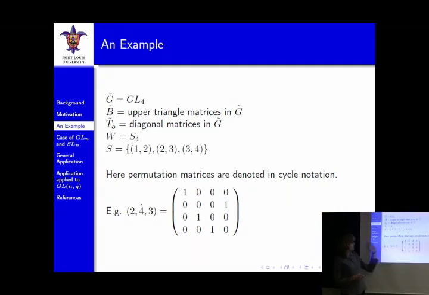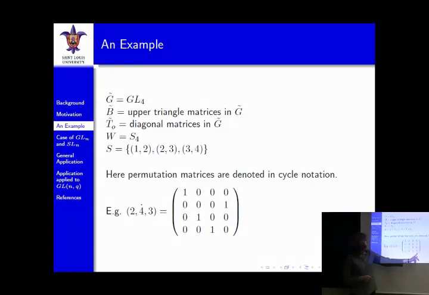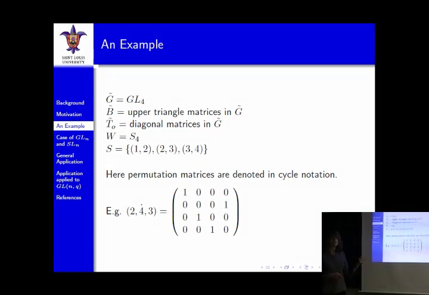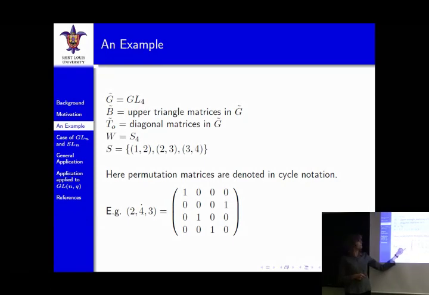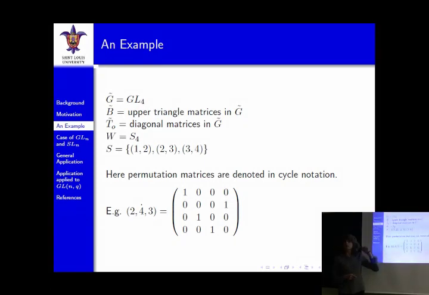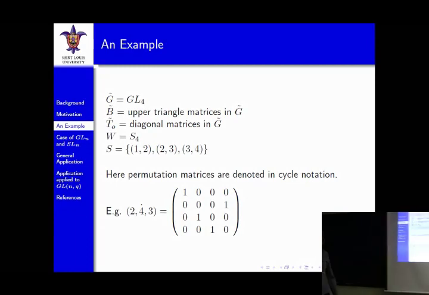So if I visualize the identity matrix here, column 2 has gone to column 4, column 4 has gone to column 3, and column 3 has gone to column 2 from the identity matrix. So that's how you can see what the pre-images of these Weyl group elements are in the normalizer.